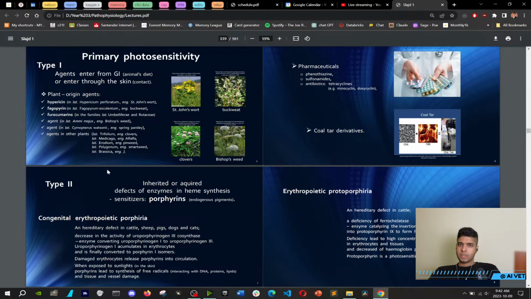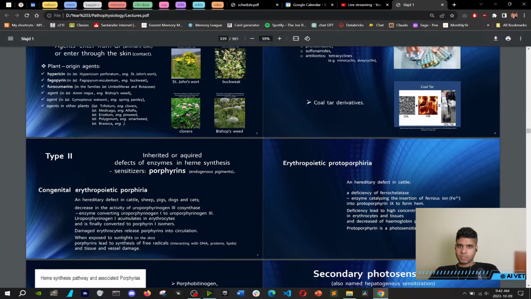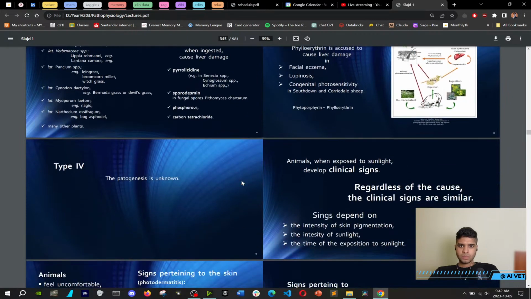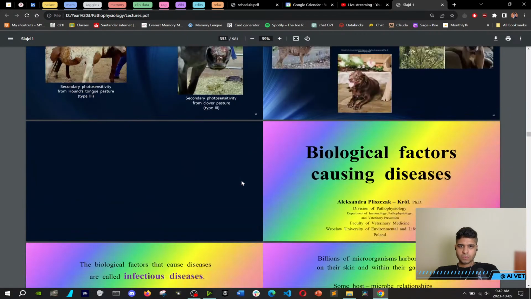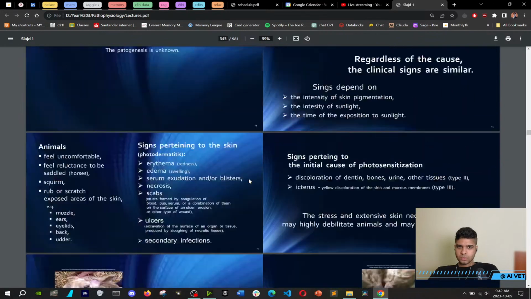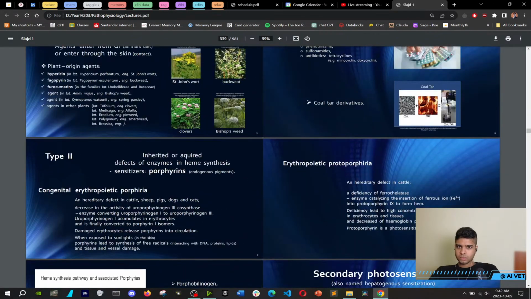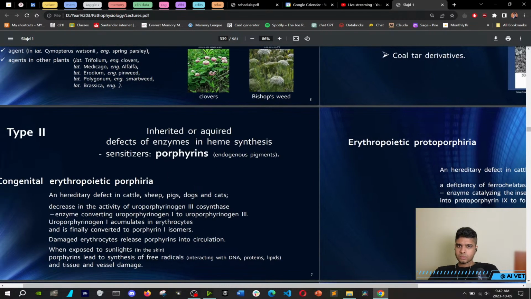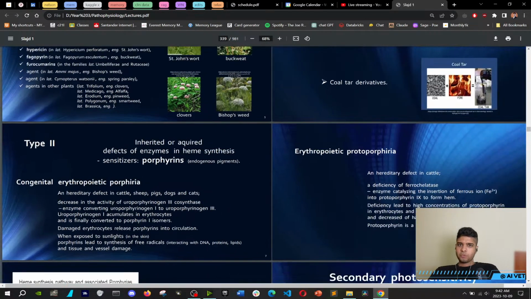Type 2 primary photosensitivity. Okay, type 2 primary photosensitivity deals with defects in enzymes in heme synthesis.